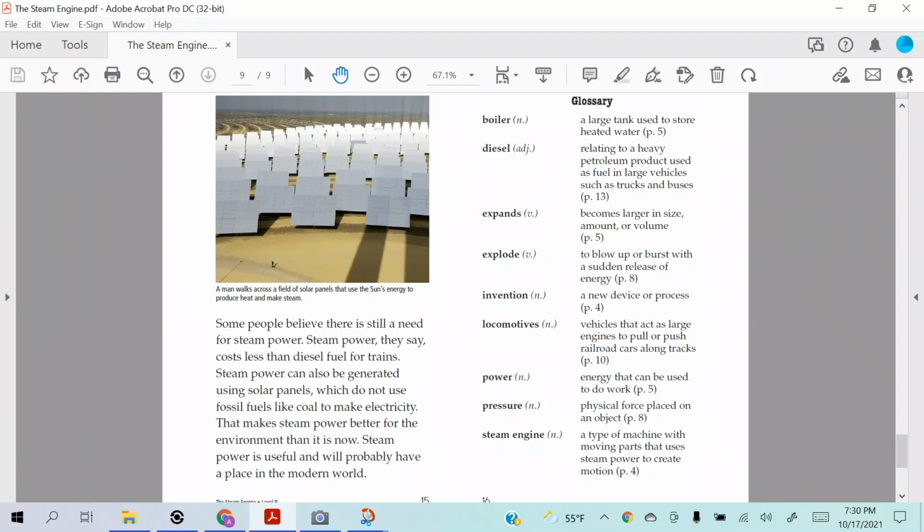Invention, a new device or process. Locomotives, vehicles that act as large engines to pull or push railroad cars along tracks. Power, energy that can be used to do work. Pressure, physical force placed on an object. And steam engine, a type of machine with moving parts that uses steam power to create motion.